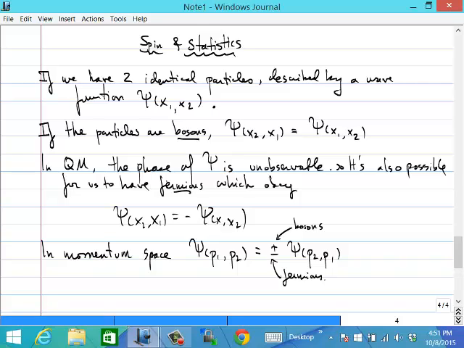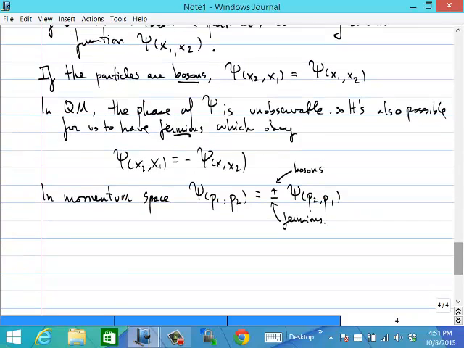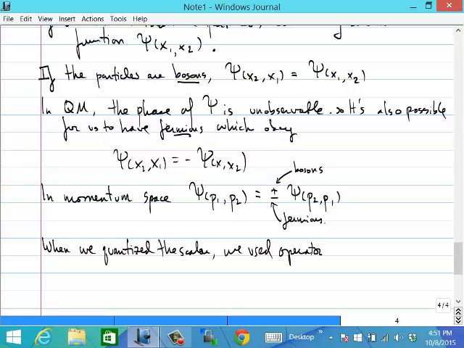So let's now think about the particles that we've studied so far in this class. When we quantized a real scalar field, we used operators a_p and a_p dagger that commuted with one another.